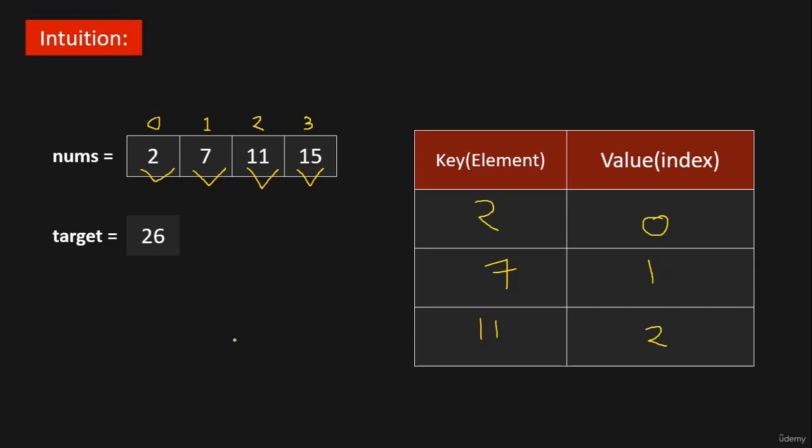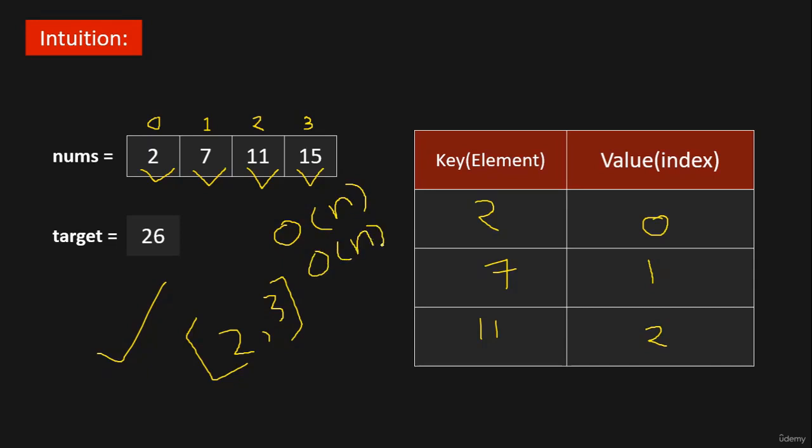Yes, 11 exists. So let's return the index for 11, and that is 2, and the index for the current element, and that is 3. And we will return this array of indices. And this is how we can solve this problem in big O of n time complexity, and it will also take big O of n space complexity for the hash map.